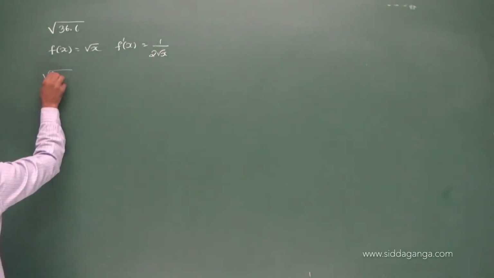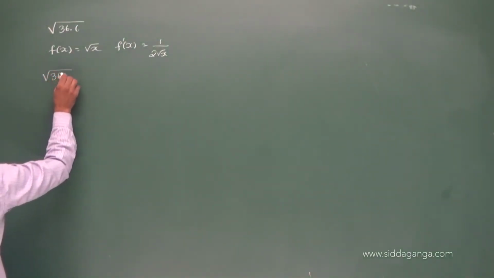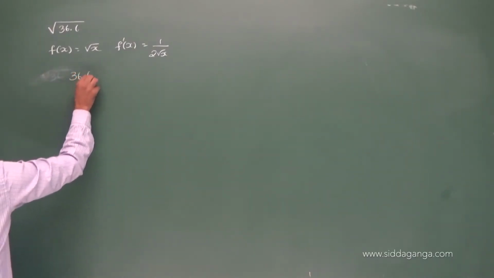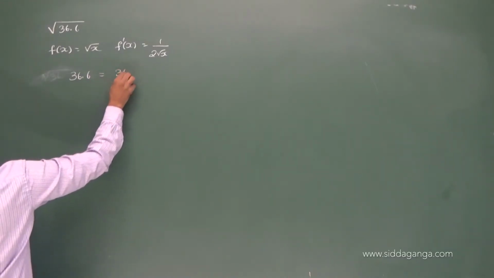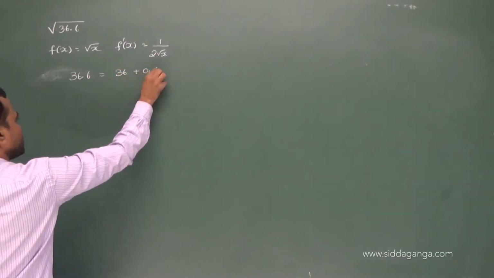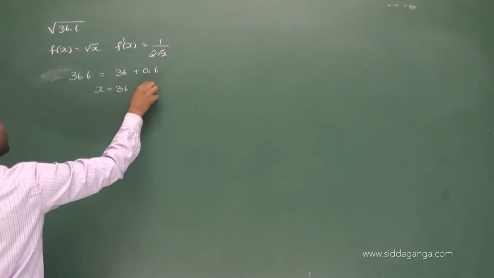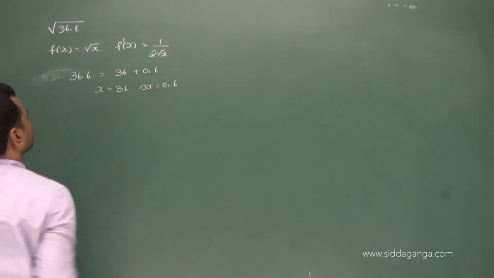Square root of 36.6, first we split the terms, don't write directly. So that is equal to 36 plus 0.6. x is equal to 36, delta x is equal to 0.6.